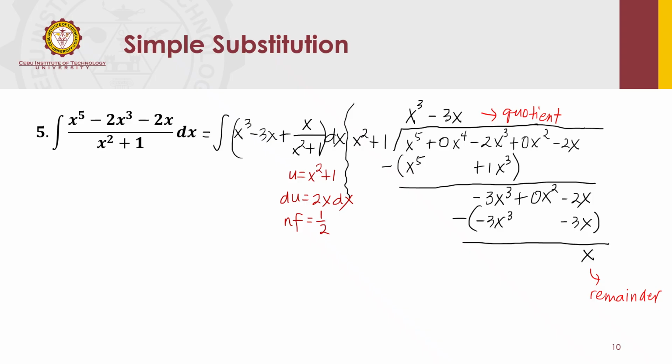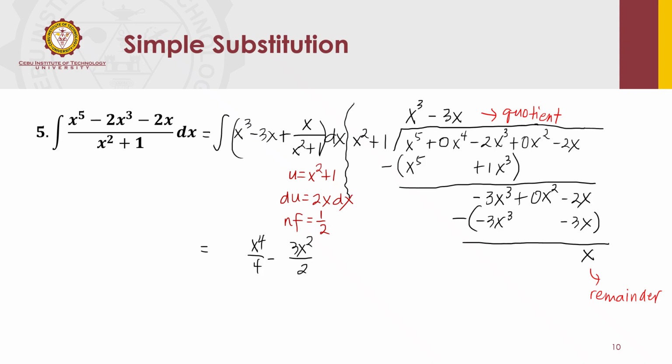So it would now be equal to, let me put the result here, 1/2 times the integral of x cubed, which is x to the 4 over 4 minus 3x squared over 2. Sorry, the 1/2 neutralizing factor is for the third term only.